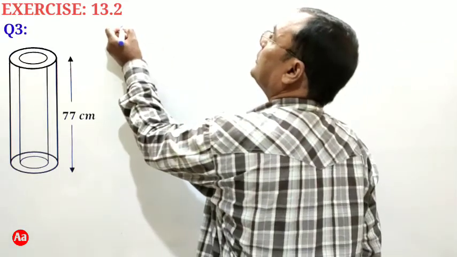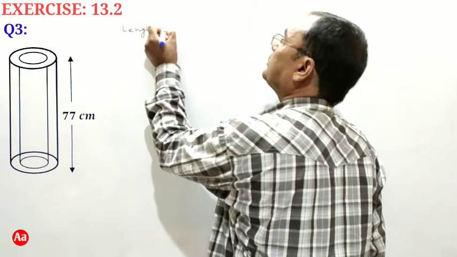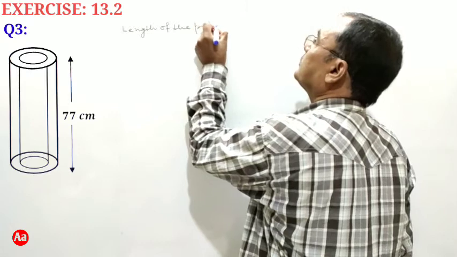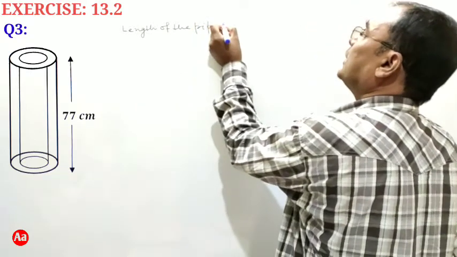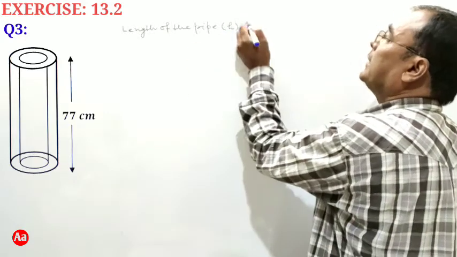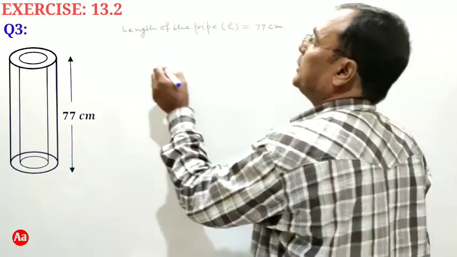Length of the pipe, that we will use in place of h, because pipe is cylindrical, is given 77 centimeter.